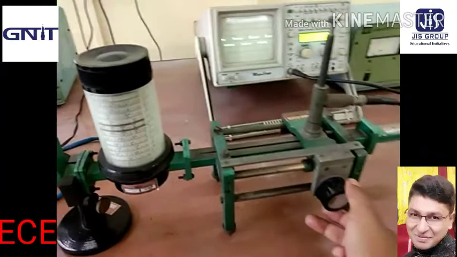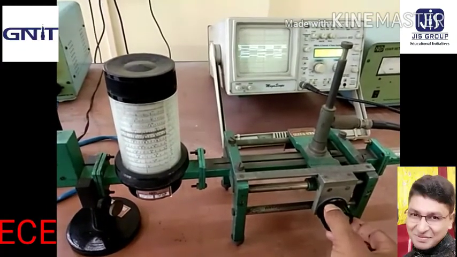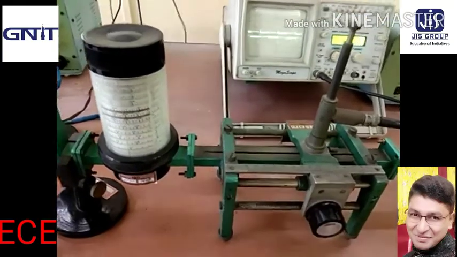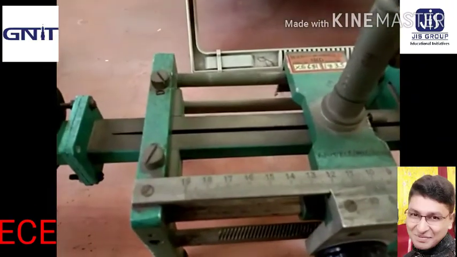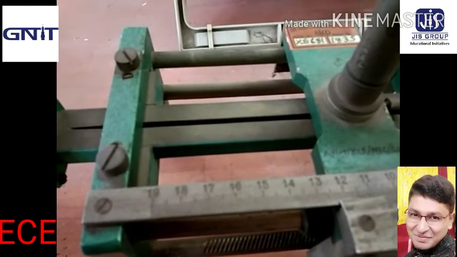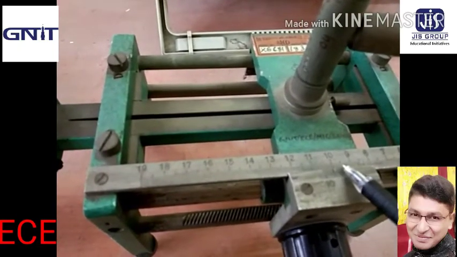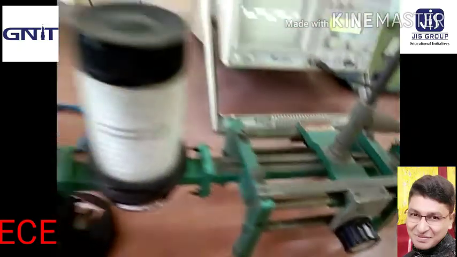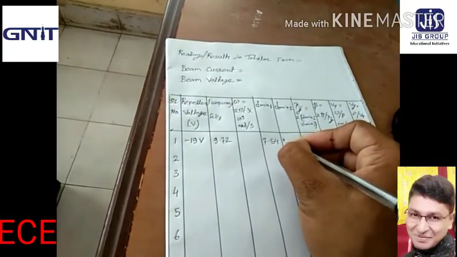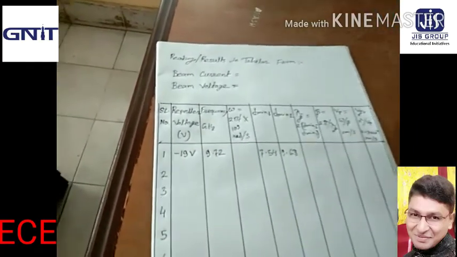Then varying, this is D max 1. Now this is D min 2, 9.68. Note down D min 2, 9.68.